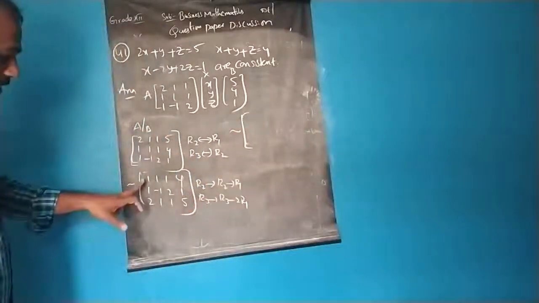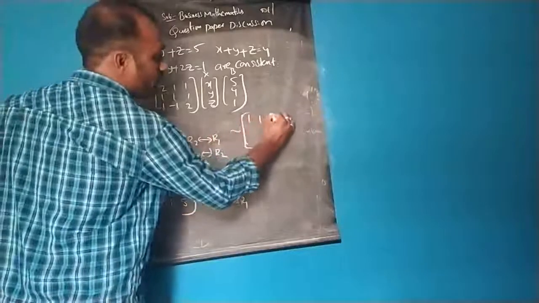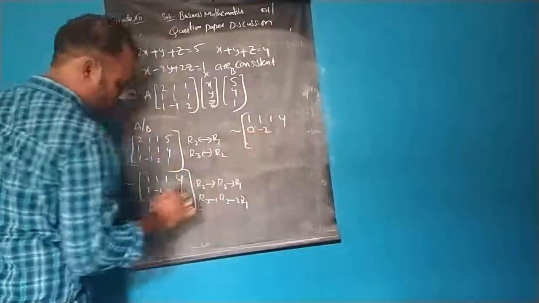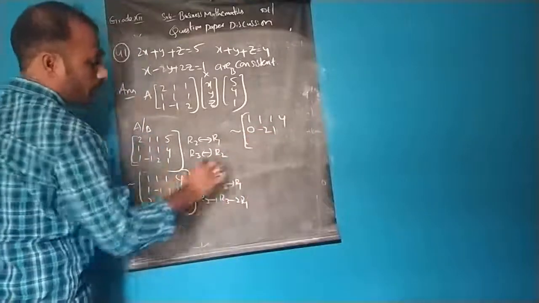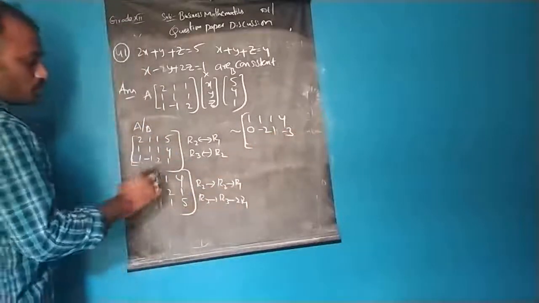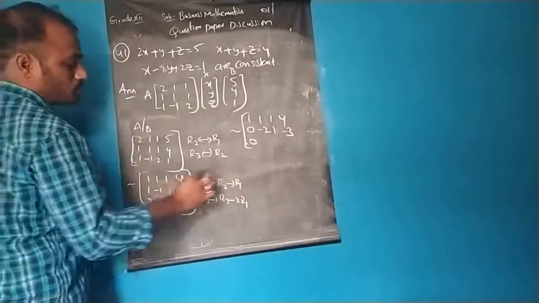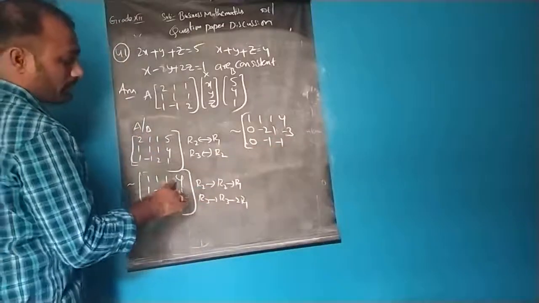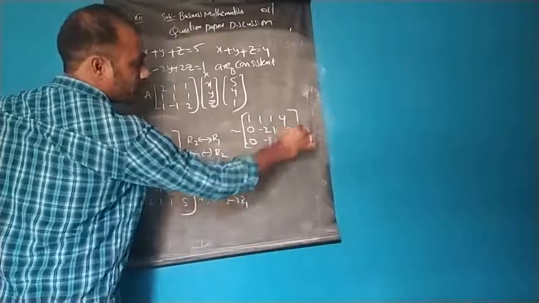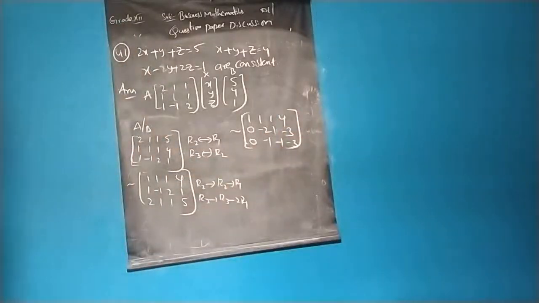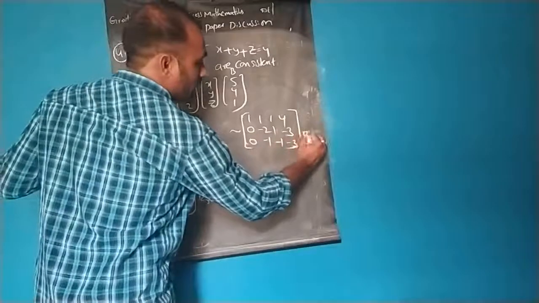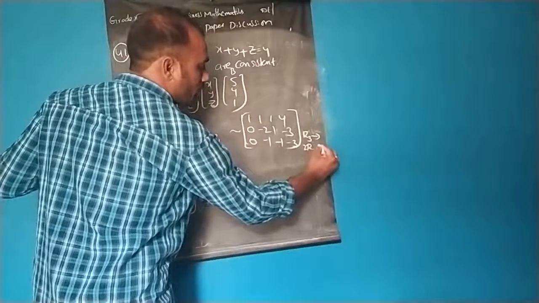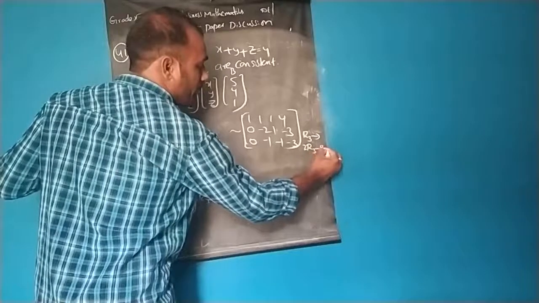So the augmented matrix we are going to get has the first row the same, 1, 1, 1, 4. 1 minus 1, 0. Minus 1 minus 1, minus 2. 2 minus 1, 1. 1 minus 4, minus 3. So 2 minus 2, 0. 1 minus 2, minus 1, 1 minus 2, minus 1, 5 minus 8, minus 3. Now we will apply for this, that is R3 can be written as 2R3 minus R2.